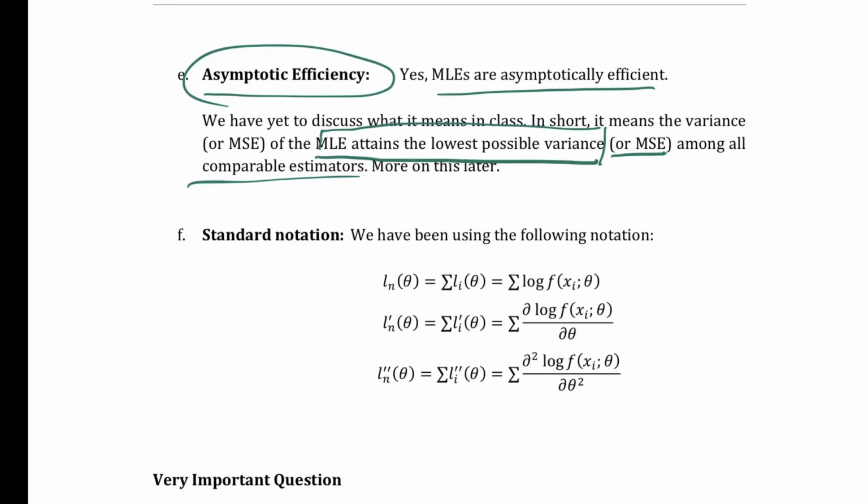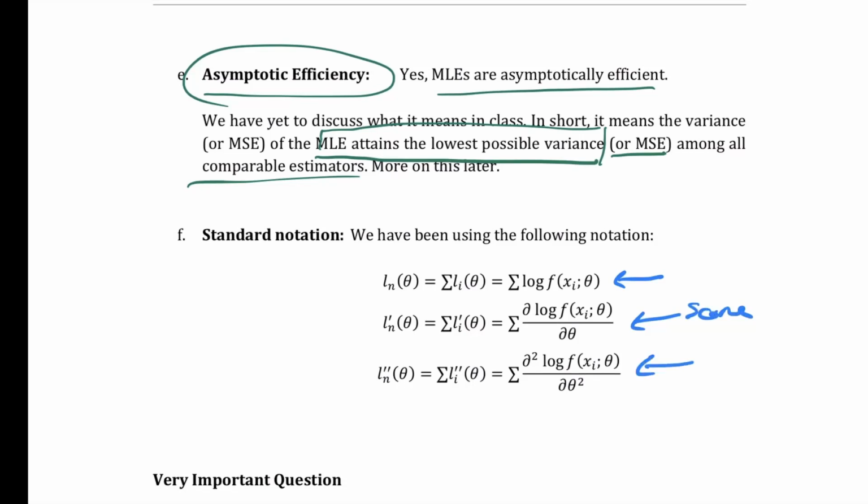They're optimal in different senses. All right, and remember we had the standard notation. The log likelihood I could write like this, the derivative of the log likelihood function, which is the score, was here, and the second derivative, right?